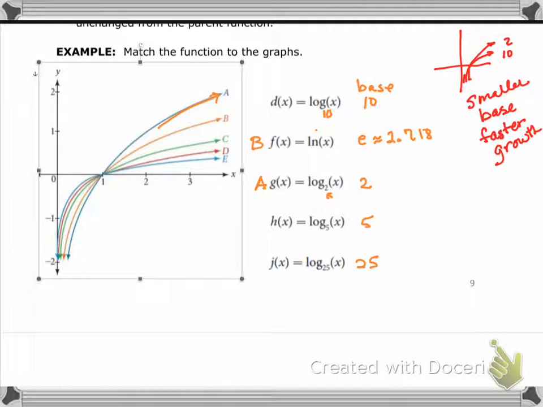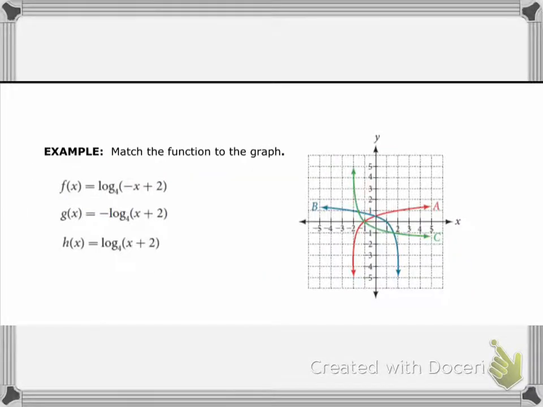And then 5, so that'd be C. And then 10, so that'd be D. And 25, so that would be E. All right, not too difficult. So you may have a homework problem like that. So keep that in mind. Smaller base, faster growth.